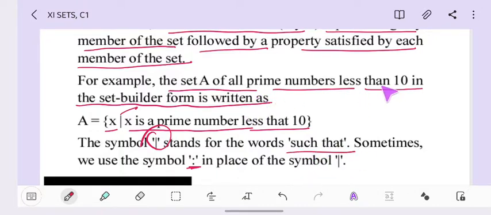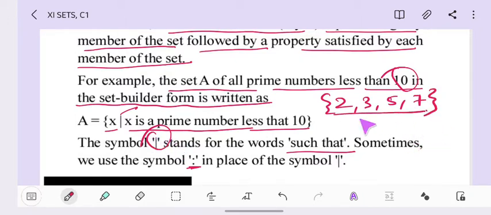So instead of writing the prime numbers less than 10 in roster form, 2, 3, 5, 7, you can simply declare a variable representing a set of prime numbers which is less than 10. So x such that x is a prime number less than 10.